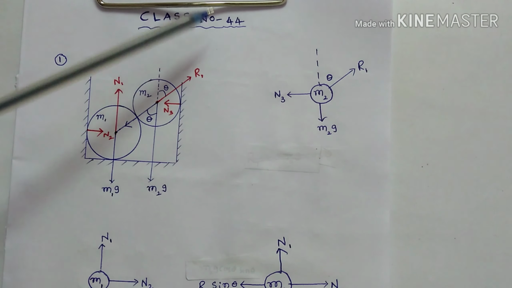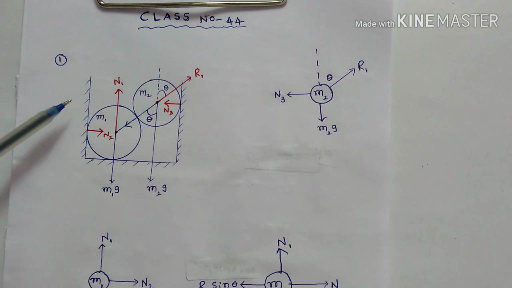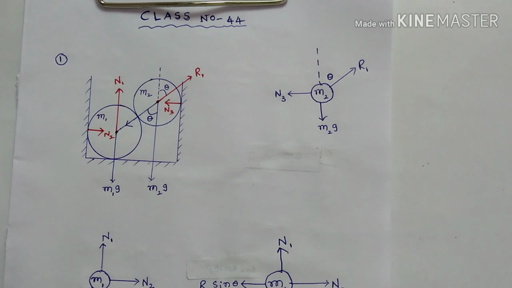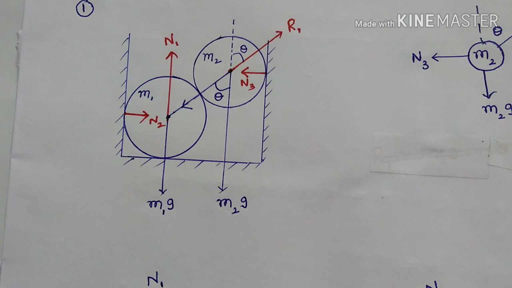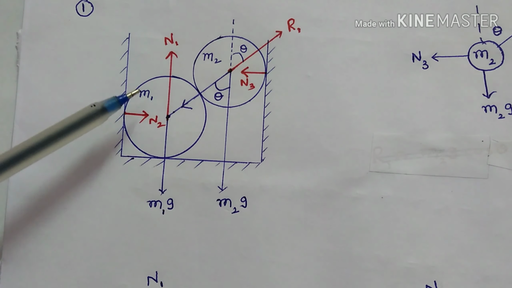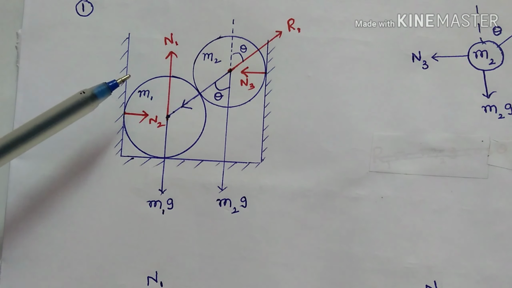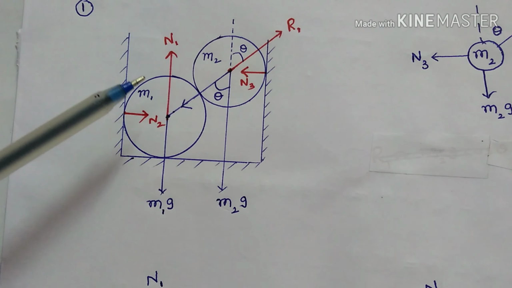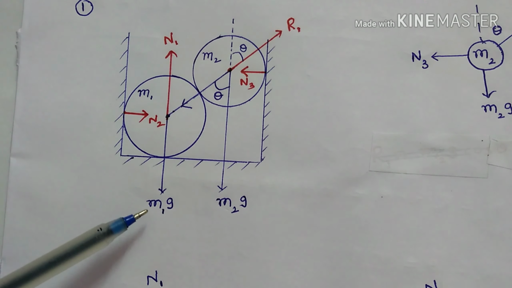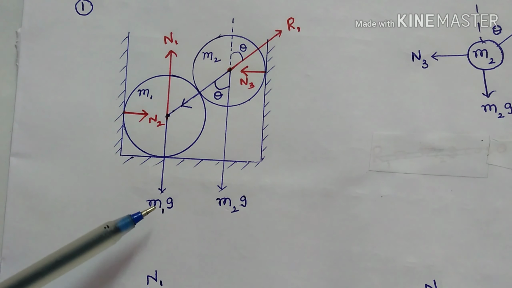This is class number 44. See the free body diagram for the two masses M1 and M2. This is lemon 1 and lemon 2. See here, this is mass M1, lemon 1. The force acting on this lemon downward due to gravitational force, that is weight, is M1G.